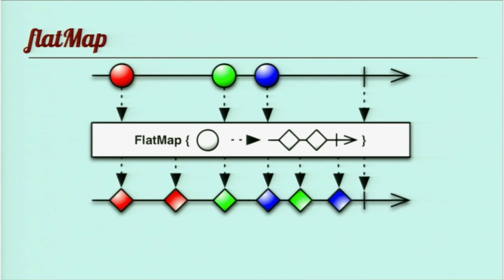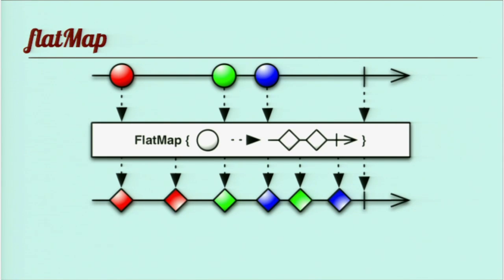So we saw FlatMap before. We saw map before, and another very important operator to grasp is FlatMap. So FlatMap is a transformation as map was, except that the map function basically returns another observable, a little observable that spawns from the main observable, and it can be asynchronous processing.